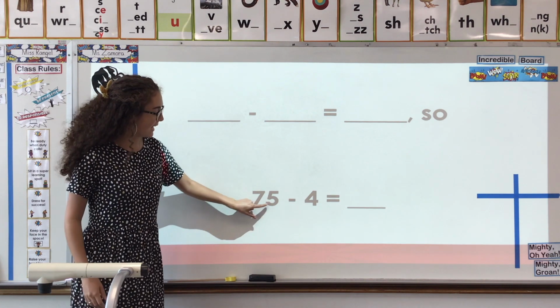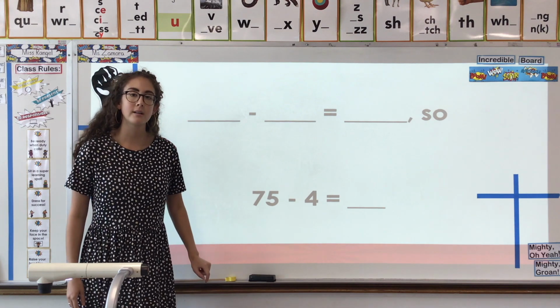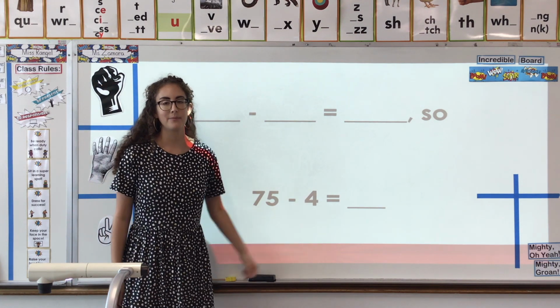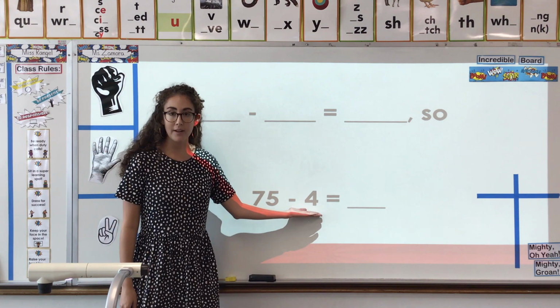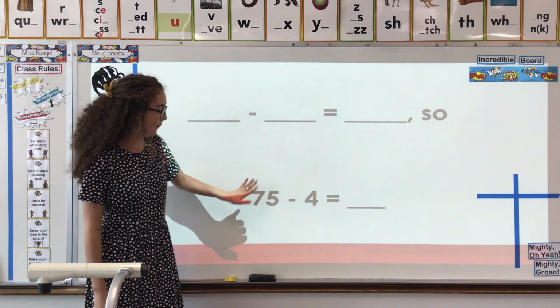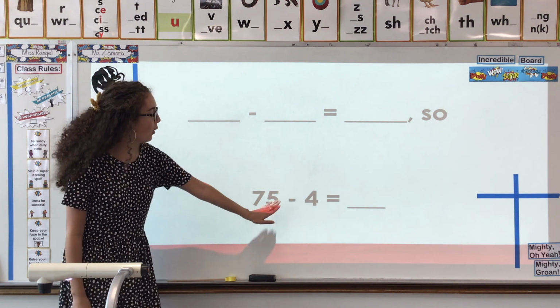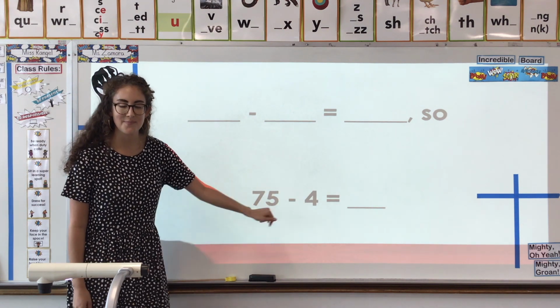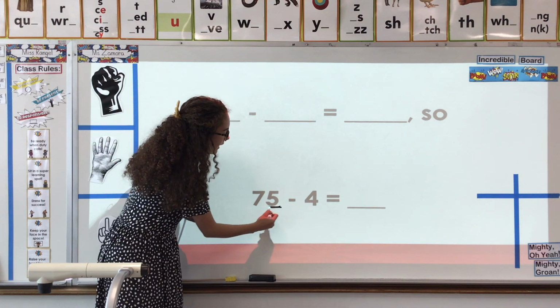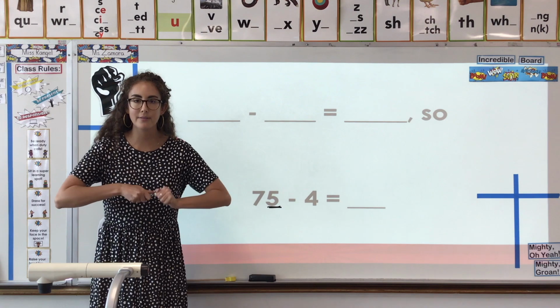But within 75 minus 4, we're taking away 4 ones. We're taking away 4. Are we going to take this 4 away from the tens or the ones? From the ones, from that 5.